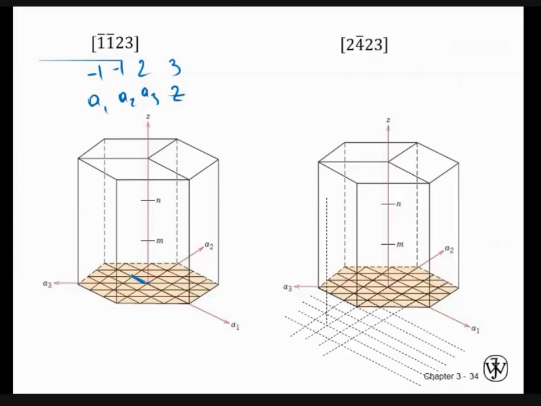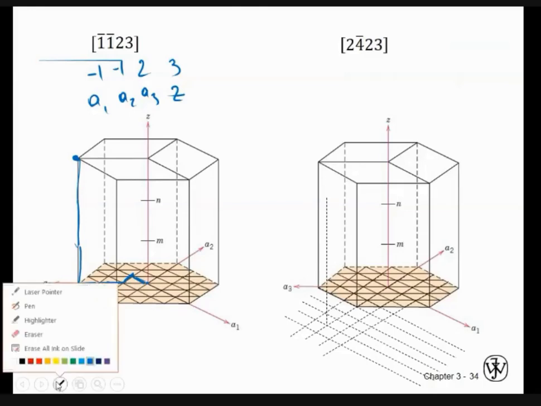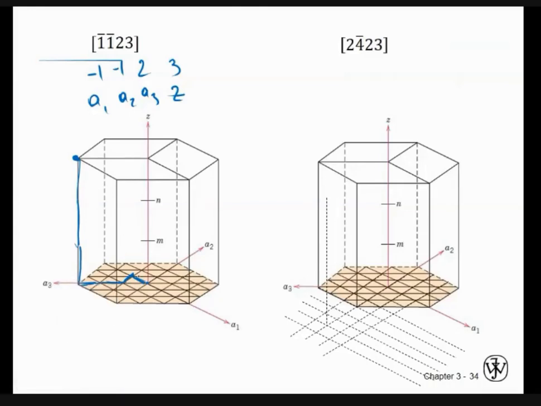For A3, +2 steps, this is the positive side, 2 steps. And for the Z direction, 3 steps: 1 step, 2 steps, 3 steps, and we are here. What's left is to connect the dots. So that's our direction that's represented by these indices.